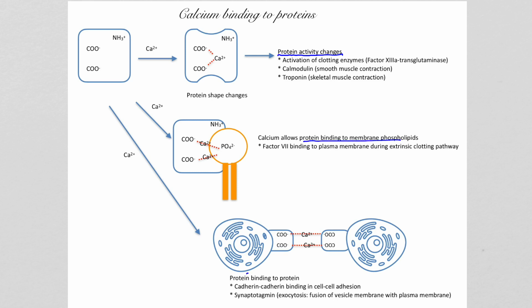Calcium can also help proteins bind to other proteins. For example, cadherins are proteins that are involved in joining cells together. Okay, cell adhesion. Calcium binding to this cadherin and this cadherin, or another cell adhesion protein, neutralizes the negative charges, and the cells can come together and bind.